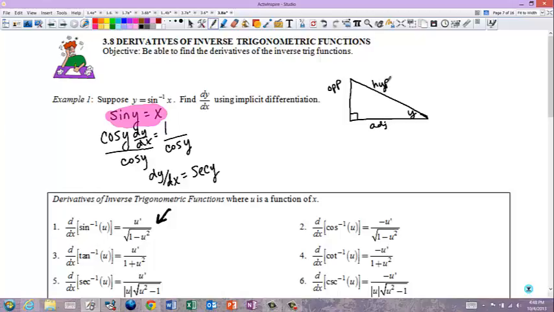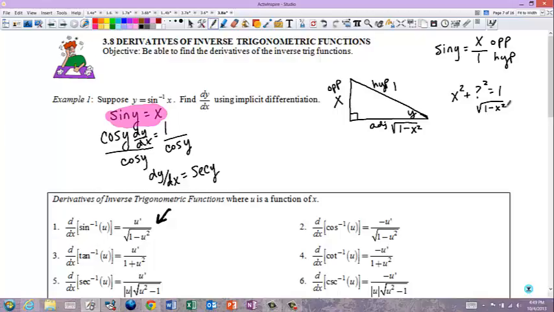Sine is opposite over hypotenuse, so sine of y equals x over 1. That's my opposite and that's my hypotenuse. If I solve for the other side using the Pythagorean theorem, I would get the square root of 1 minus x squared.